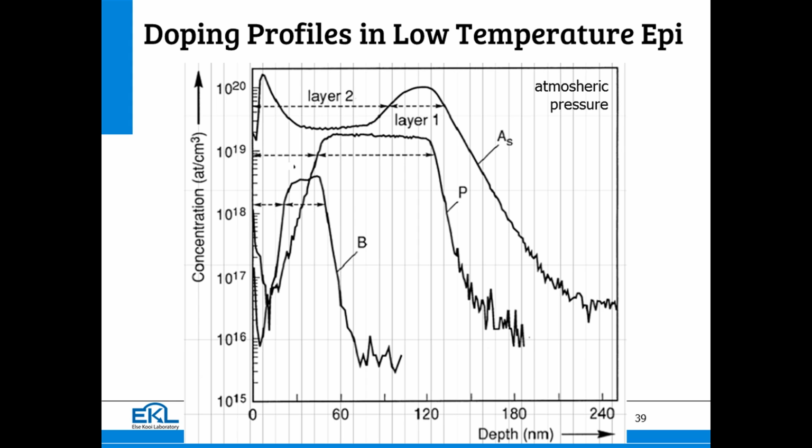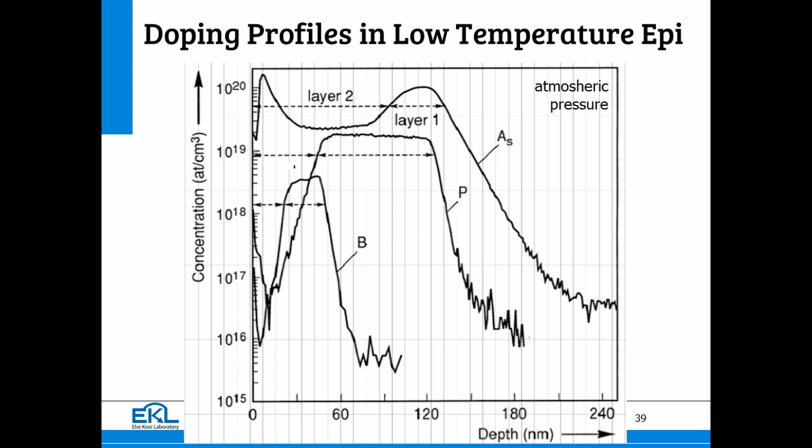For boron. For phosphorus, you see already different. The slope here is still steep, but not as good as for boron, and it's no longer SIMS determined. This is real, but still a very nice profile. So phosphorus can be used. Arsenic, terrible, totally uncontrollable. It comes up slowly. You cannot even determine where the arsine line was turned off.